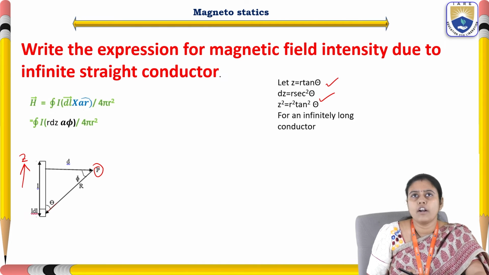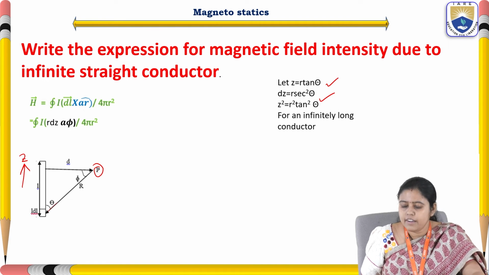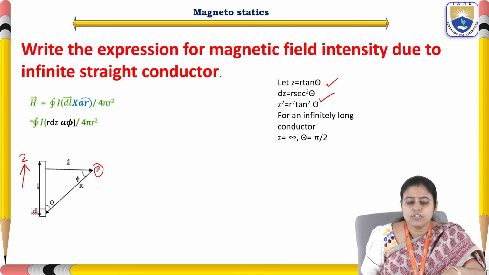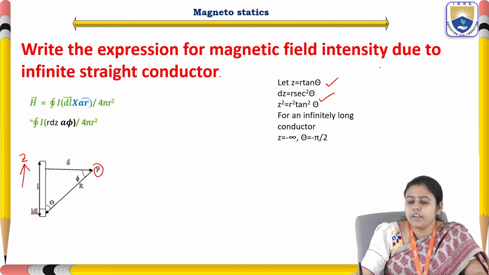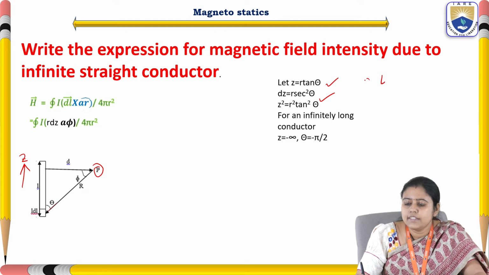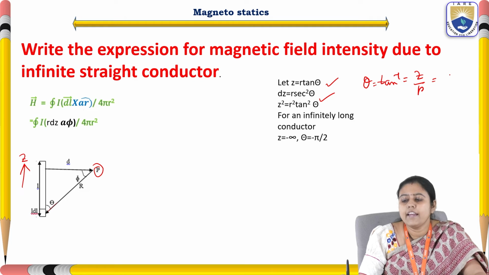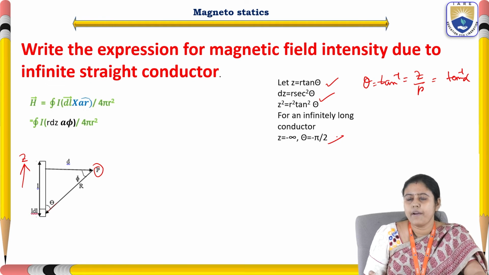Now the conductor is infinitely long. So when z is positive infinity, theta is equal to tan inverse of z by r, and tan inverse infinity means theta is equal to pi by 2.